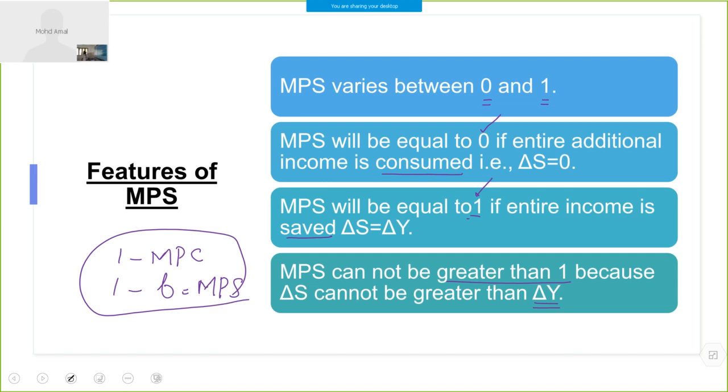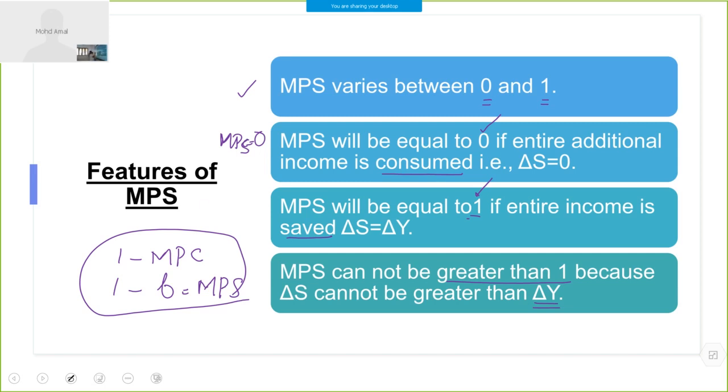Okay, so what are the features of MPS? First one, the value varies between 0 and 1. Next one, MPS is equal to 0 if the entire additional income is consumed.